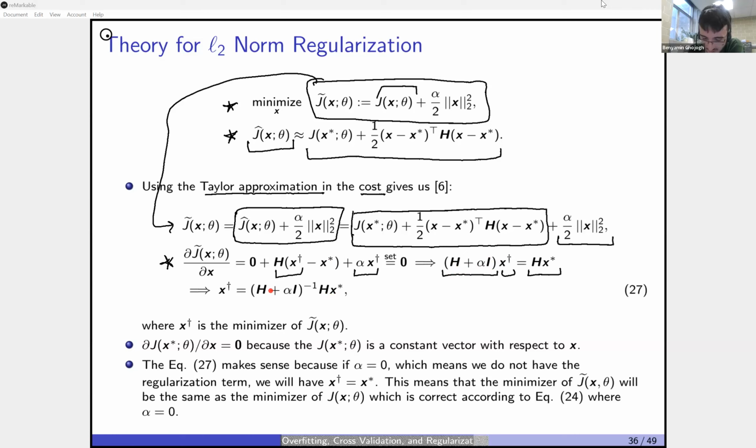So x becomes (H plus alpha I) inverse Hx star. This is the solution to this optimization problem. x dagger is the minimizer of J tilde. Now, what do we do?